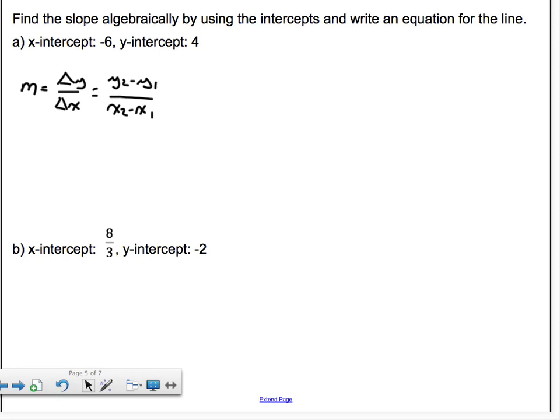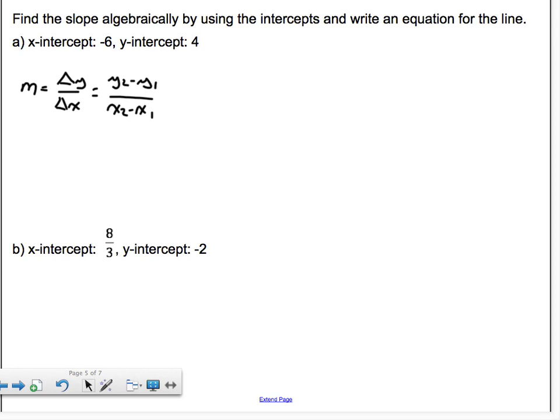You use the points, like the y-intercept, so it'd be 0, -6. Okay, so our x-intercept implies what? That y equals 0. The x-intercept is where it's crossing the x-axis.